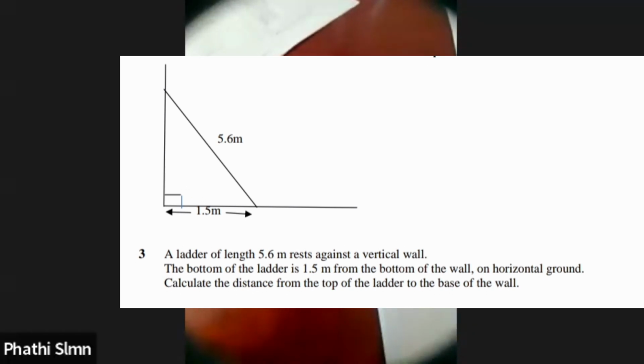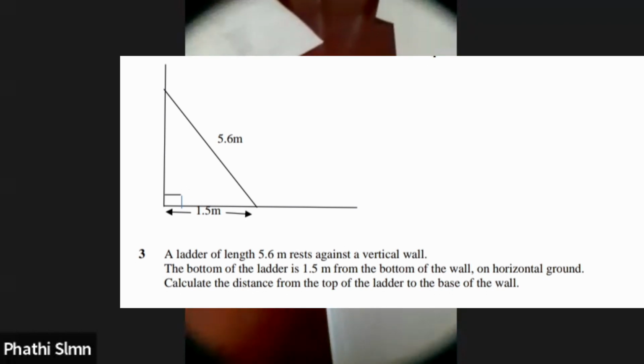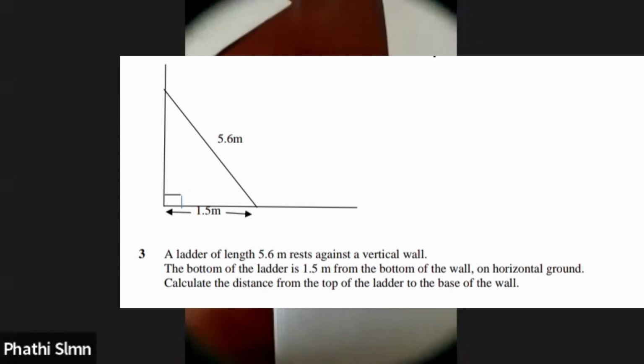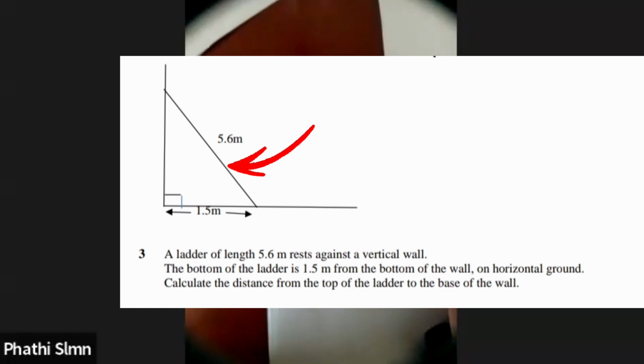Let me try to draw this. So it's 1.5 meters there, and then we've got 5.6 meters. Okay, so there is our diagram. This is our ladder, and it is 5.6 meters.